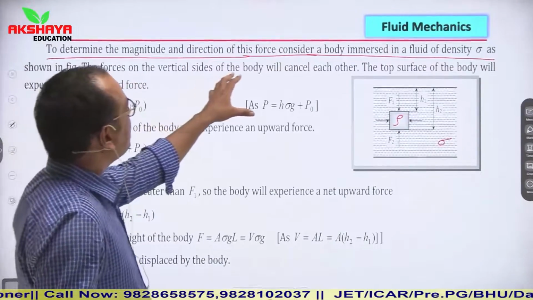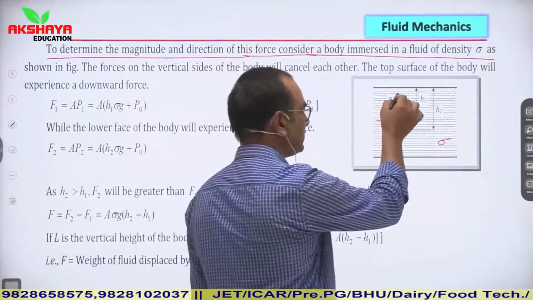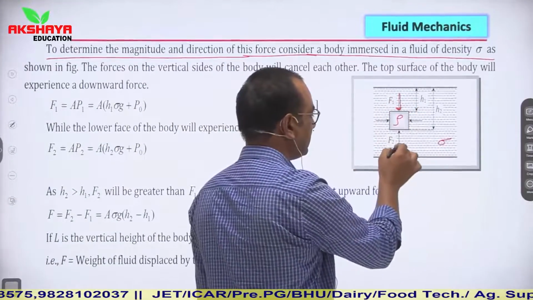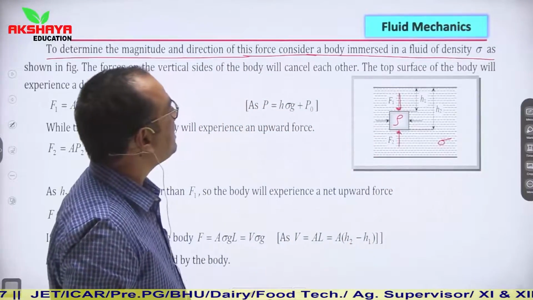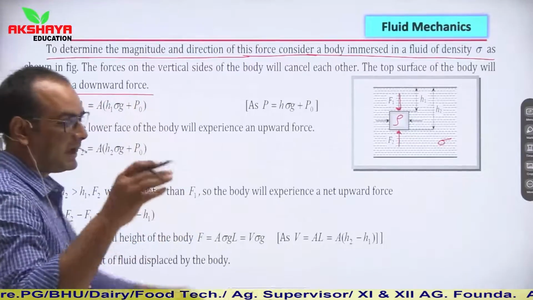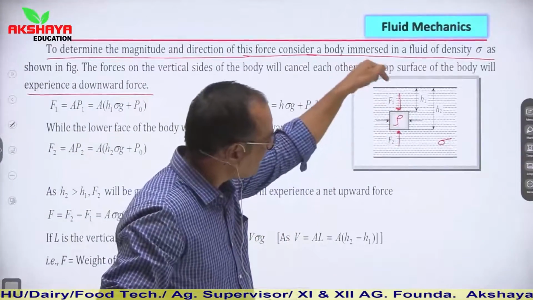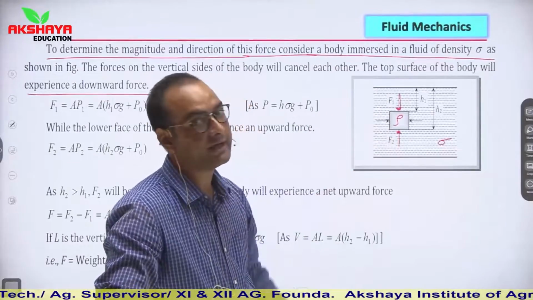The forces on the vertical sides of the body will cancel each other. So the net force applied on the liquid here and the force applied here will cancel out each other. The top surface of the body will experience a downward force. As we dip this object in this fluid, it will feel a force in the downward direction.